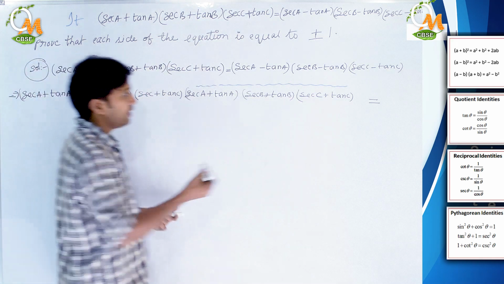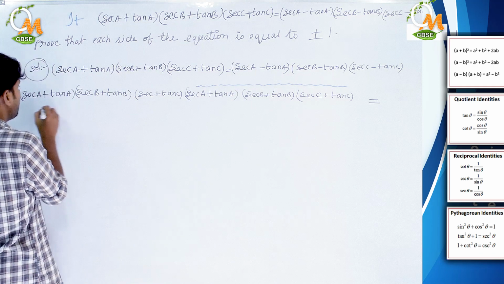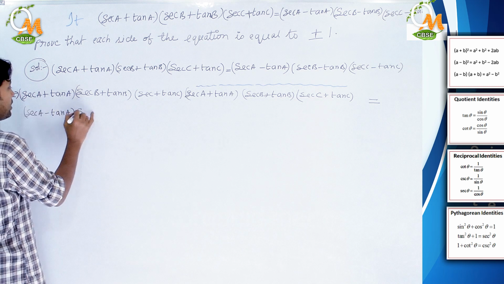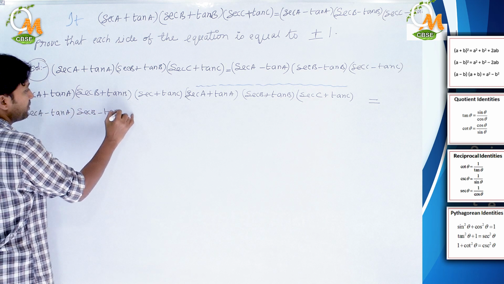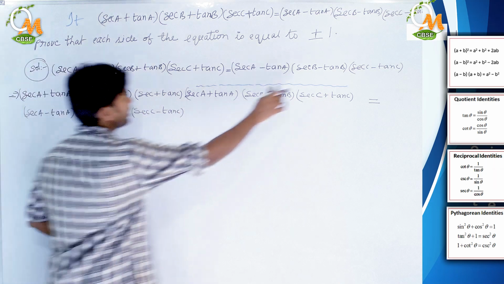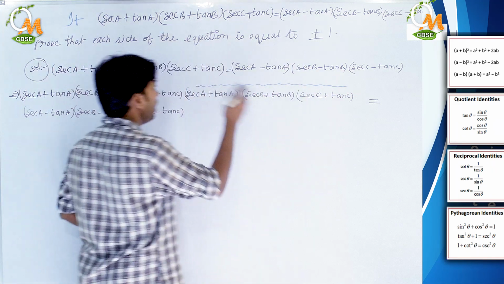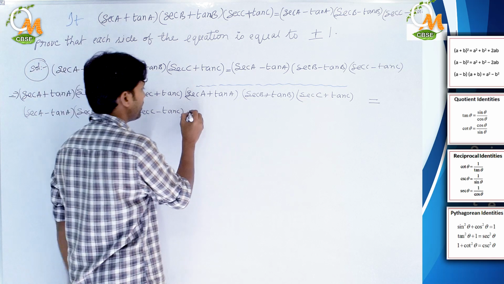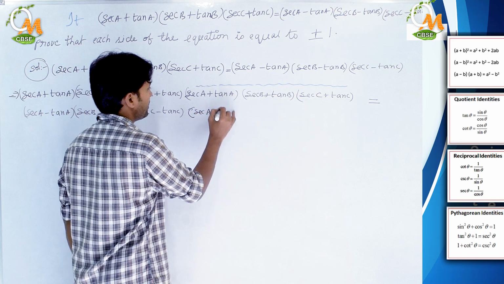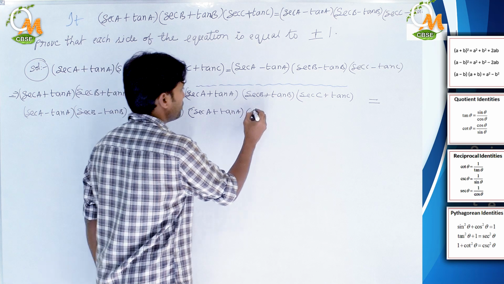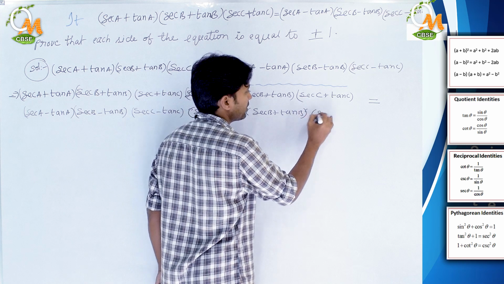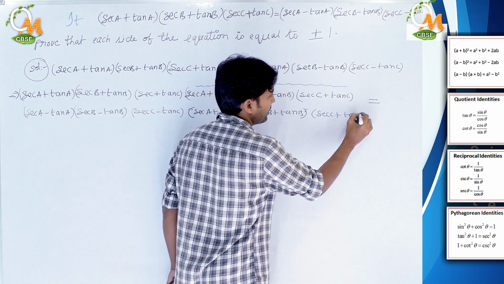Equal to, write down these expressions first: secant A minus tan A into secant B minus tan B into secant C minus tan C. Now we need to multiply with this expression on the other side also: secant A plus tan A into secant B plus tan B into secant C plus tan C.